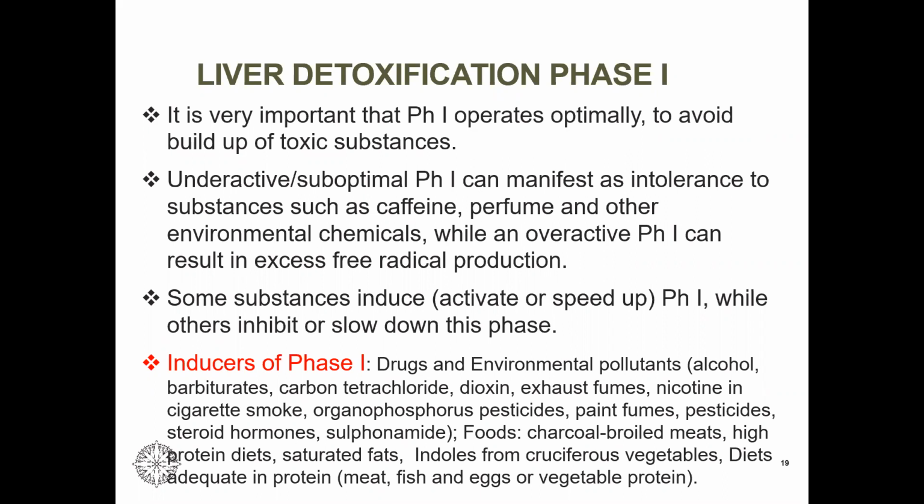Plus, remember I said that when phase 1 acts, it produces a lot of free radicals. If again there is an overactive phase 1, then too many free radicals are being manufactured and glutathione may not be able to quench all of them if there is not balance. Again, the body is trying to keep a balance. So that's why we don't want it to be overactive and we don't want it to be underactive.